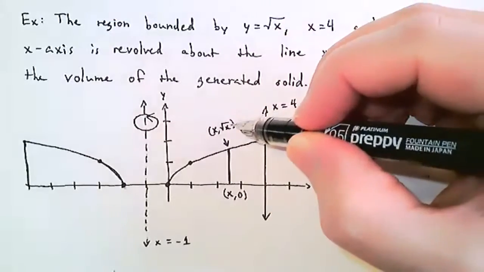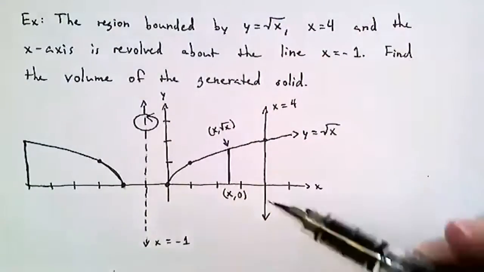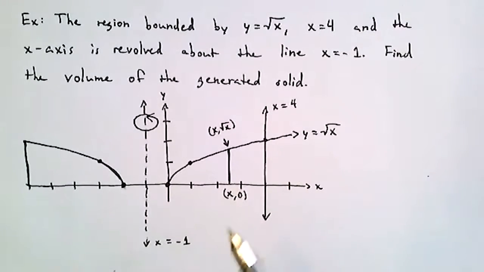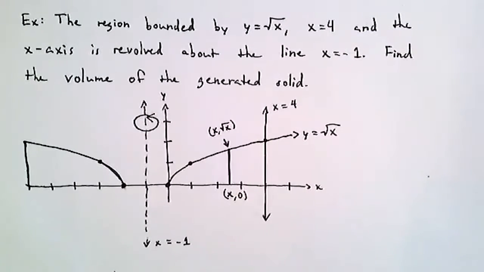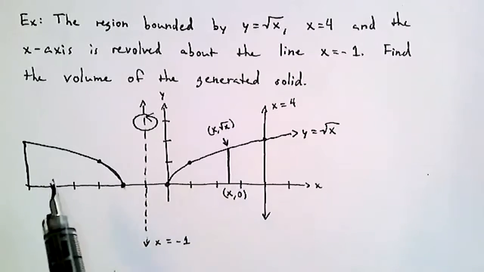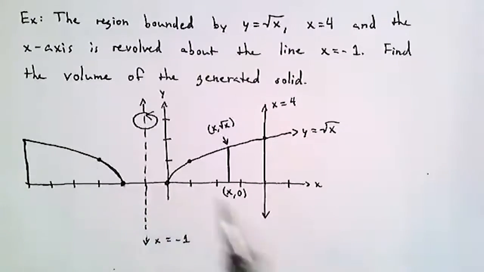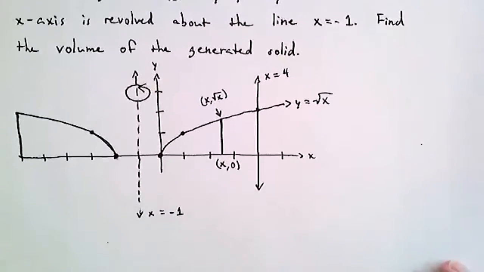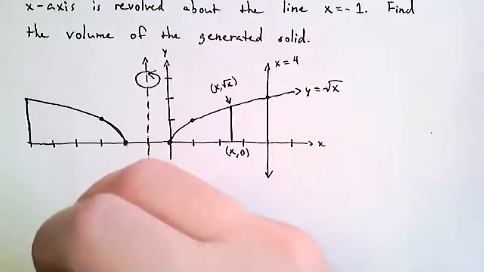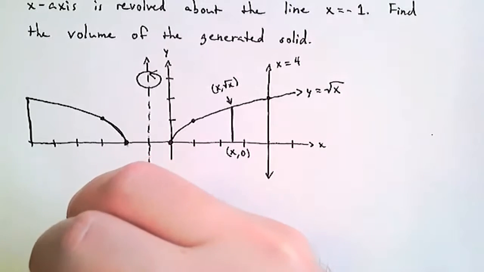The height is square root of x. So this is much easier. We don't have to solve anything. Everything's already given to us. So we're going to make our slices vertically, and this is going to form cylindrical shells. Down here, I'm going to write the formula for our integral.